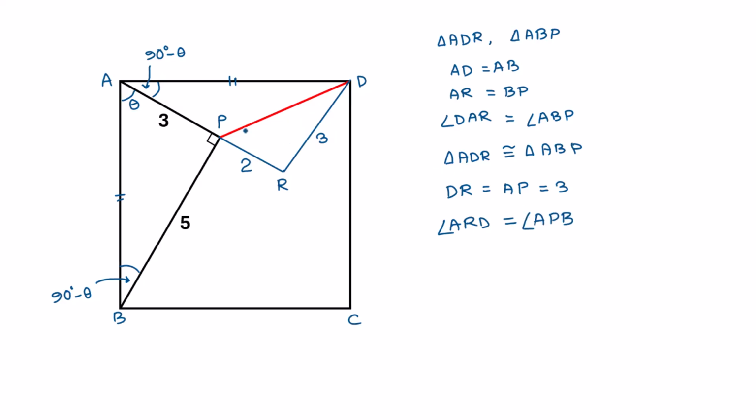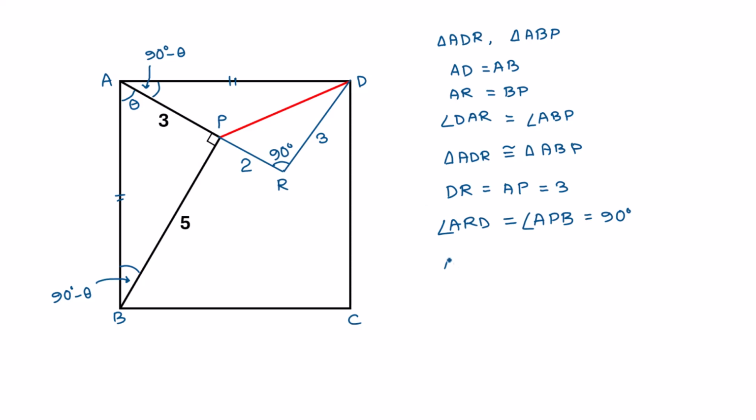As this angle APB is 90 degree, so this angle ARD is also 90 degree. That means this is 90 degree. So triangle PRD is a right angle triangle.